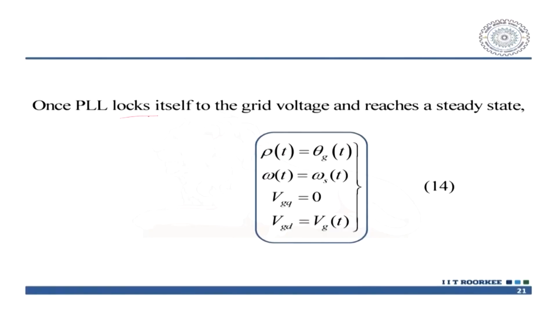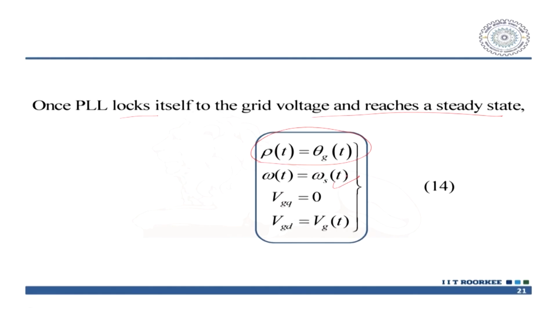Now, once this phase lock loop locks itself to the grid voltage and reaches the steady state, the oscillation will be there initially, and then what happens, that is what I was saying, rho t equals theta g t and the omega estimation will be equal to omega of the system.